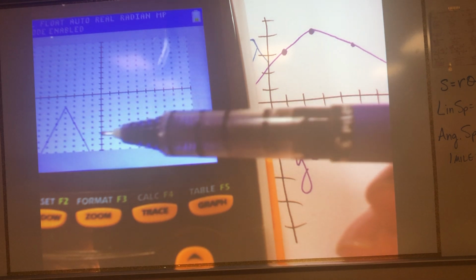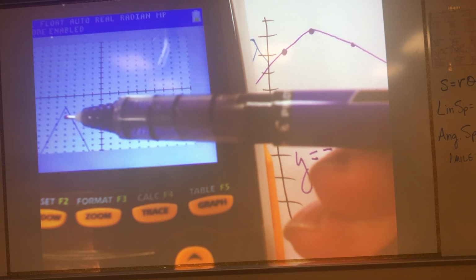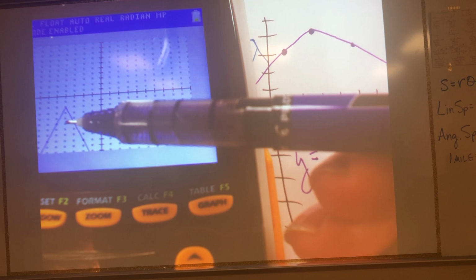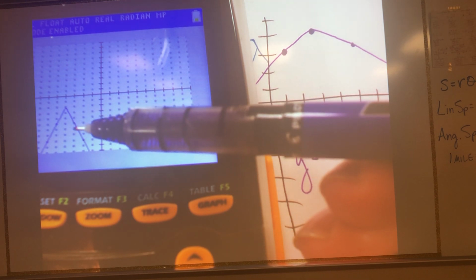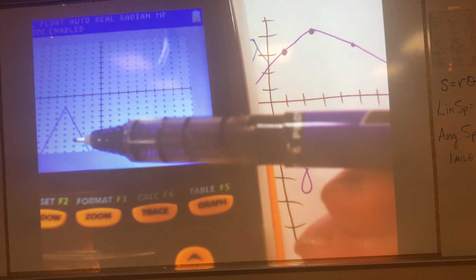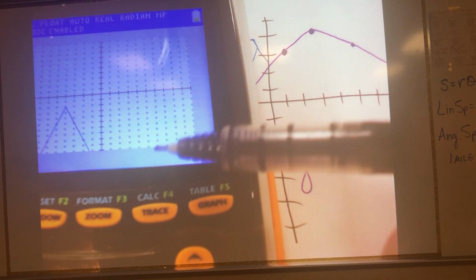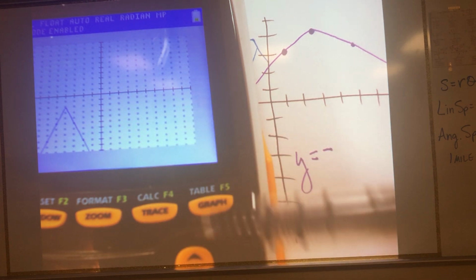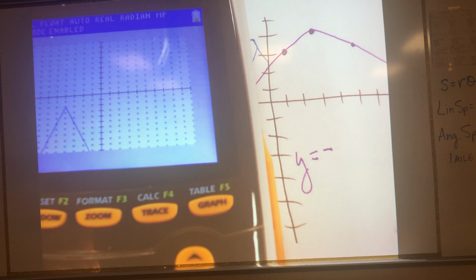So 1, 2, 3, and to the right one, and then 1, 2, 3, and to the right. You see what I'm saying? If you're off, then every time you do it, you'll be off more and more and more. So if you're unsure about it, keep on doing what you guess.